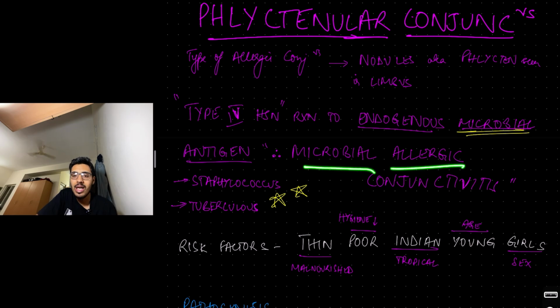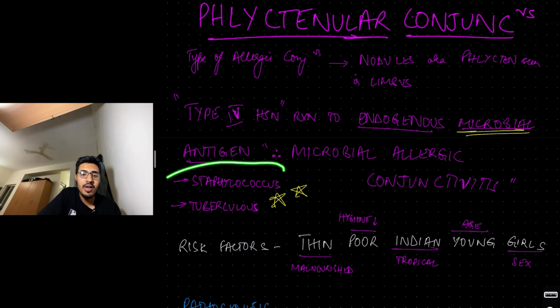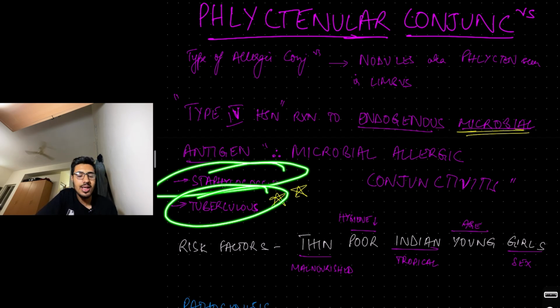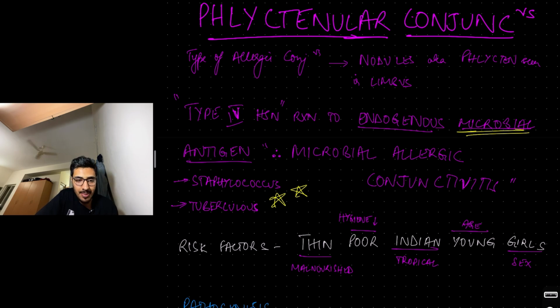Why microbial allergic conjunctivitis? Because you have an allergic reaction to the microbial antigens. Which microbial antigen? Staphylococcus antigen and tuberculous antigen. So these are some examples. Some other bacteria or microbes you can also have, but most commonly staphylococcal and tubercular antigen.